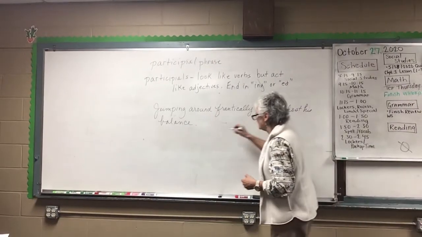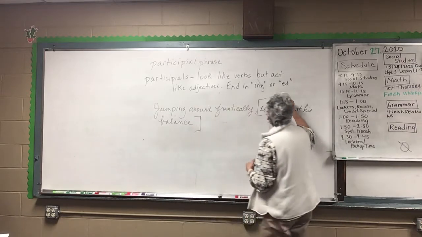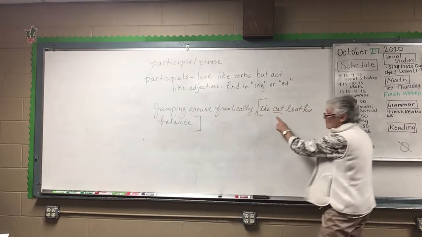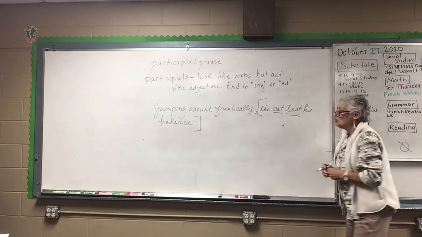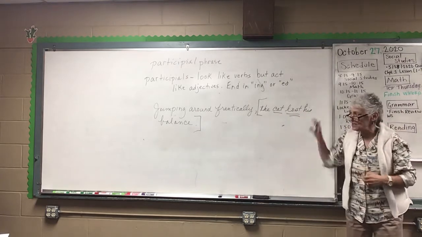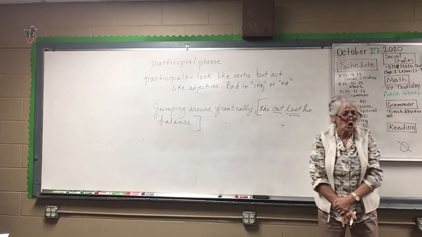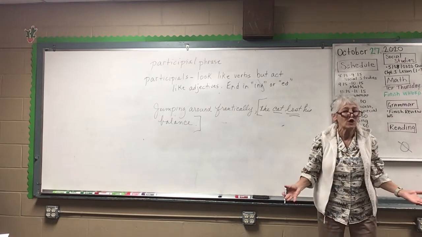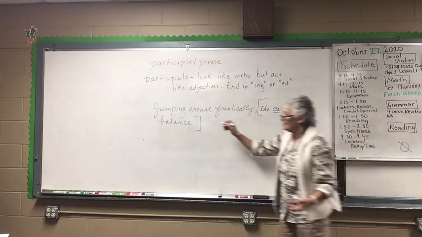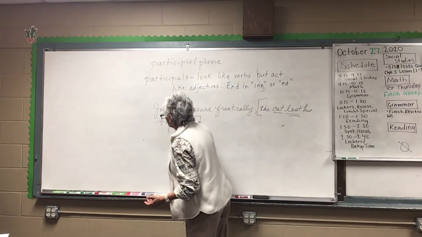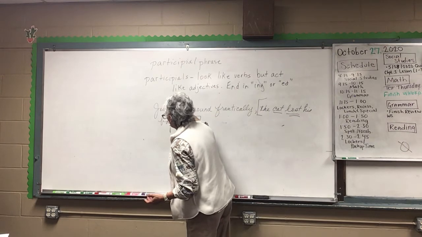Here is my actual sentence. Does it have a subject? Let's test it. Yes. Does it have the verb? Yes. Do you see in this group of words another word that looks to your eye like a verb? Yeah, balance. What? Jumping. Right here. Here's your participle.